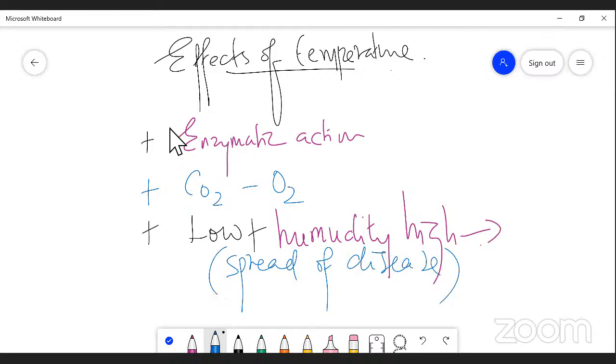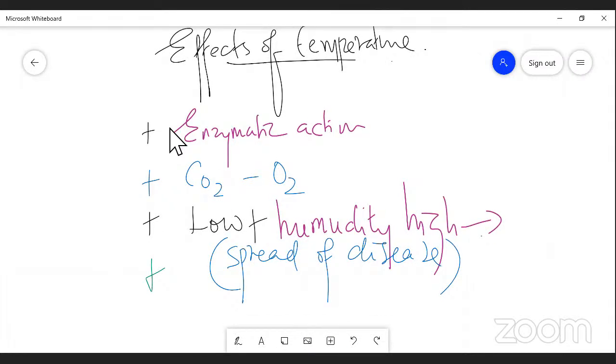So simply low temperature with high humidity can cause disease not only in plants, but in human beings also. This is a climatic change, one of the changes that also causes disease in human beings. So the next, fourth point, very few points are given to you, no problem. It is very, very important here, right?